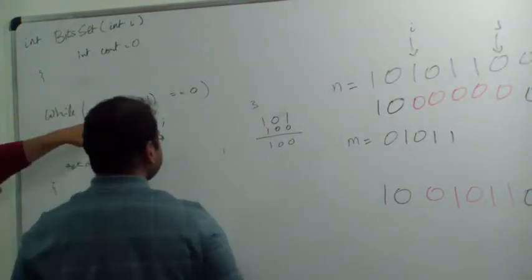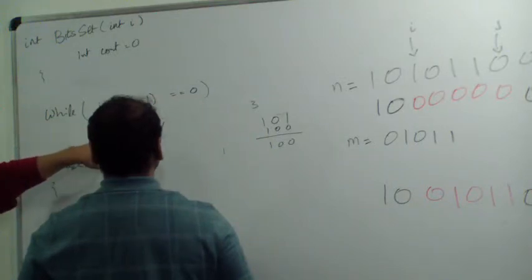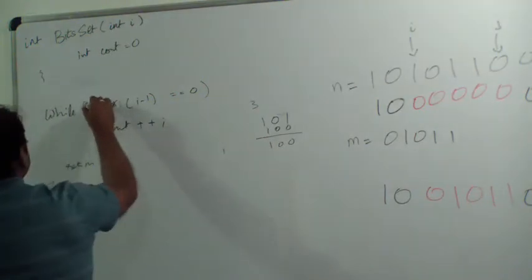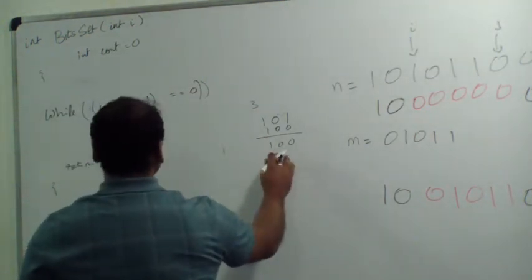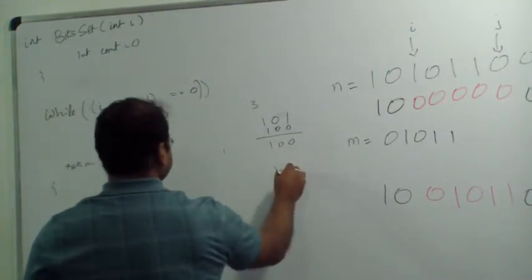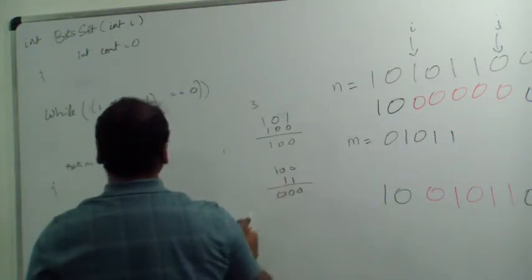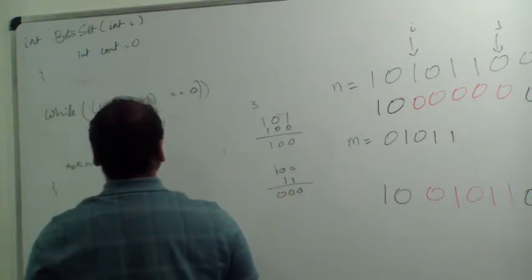Is it equal to 0? No, so we just go in. Now try for 4. With the 4, we do AND with 3, which gives 0. Will you go in?